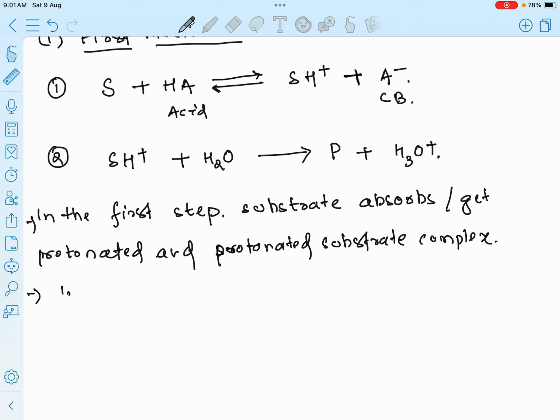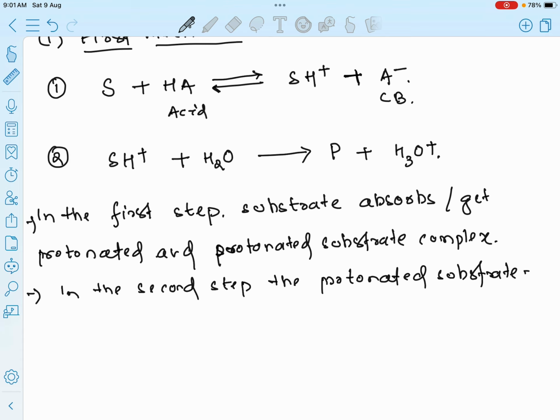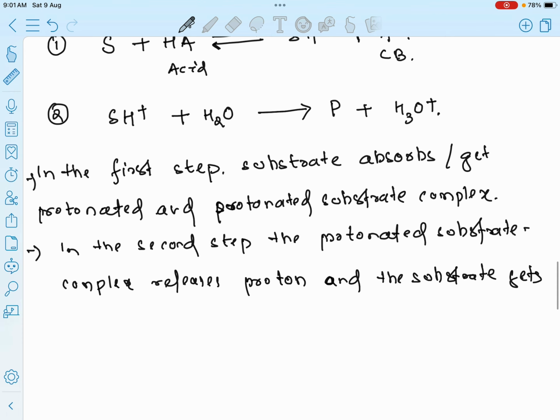In the second step, the protonated substrate complex releases the proton and the substrate gets transformed to product.